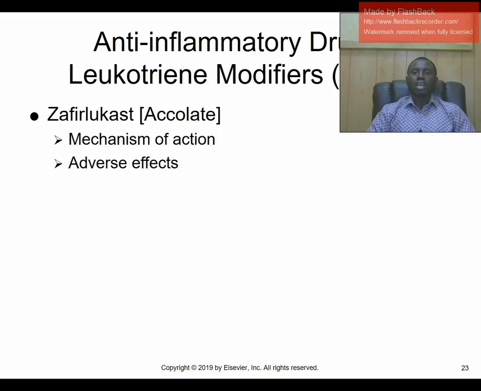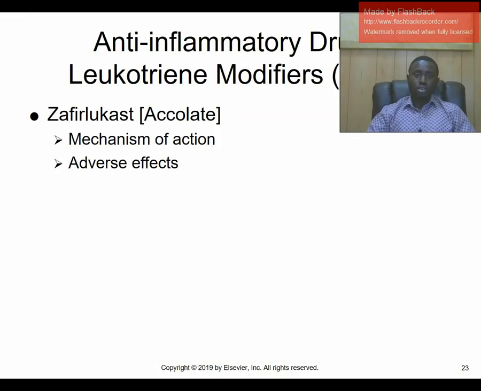And when we say empty stomach, we mean 1 hour before meals or 2 hours after ingestion of food, because food reduces its absorption. The side effects of Accolade include headache, GI disturbances, irritation, and it also has an adverse effect on the liver because it causes liver damage.